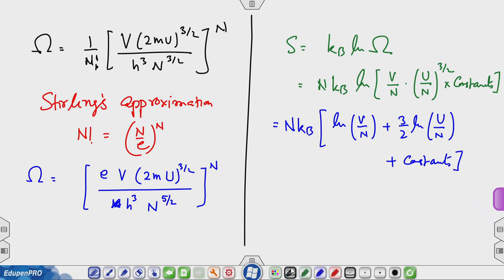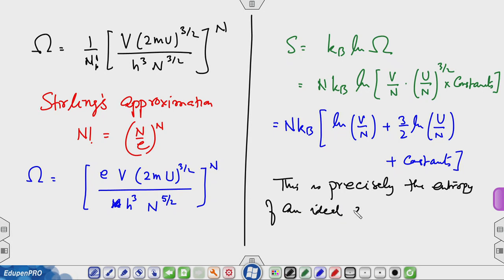And this is precisely the entropy of an ideal gas obtained in previous lectures.